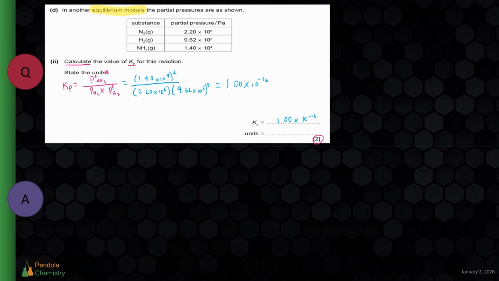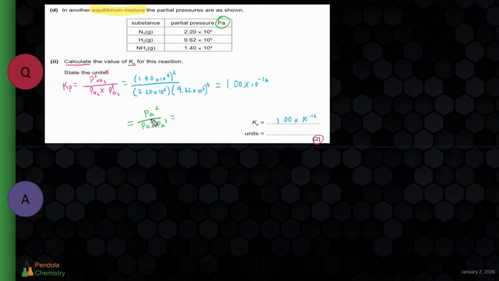And then for the units, let me do it in a different color. We are going to do the exact same thing, but instead of plugging in the numbers, we're going to plug in the unit, which is pascals. So here we have pascals squared over pascals times pascals to the third.